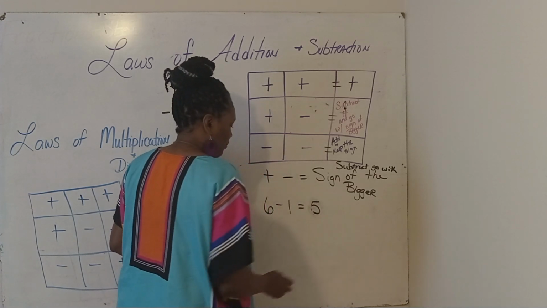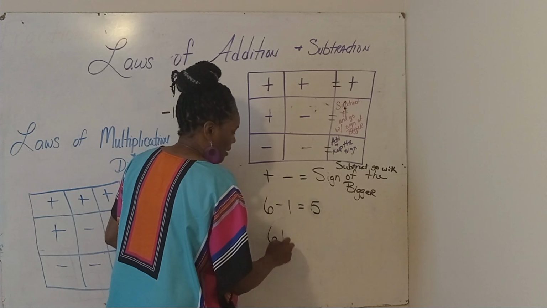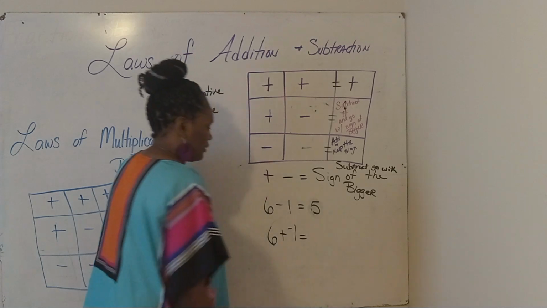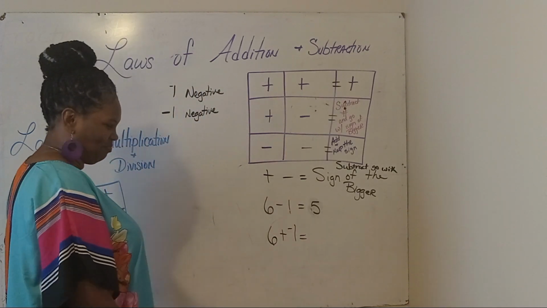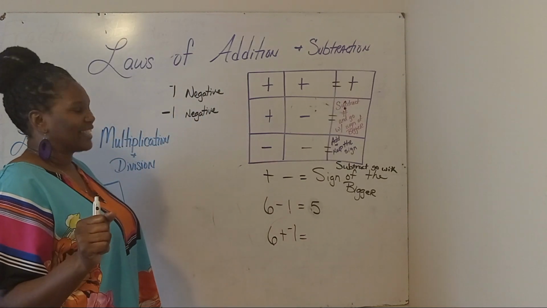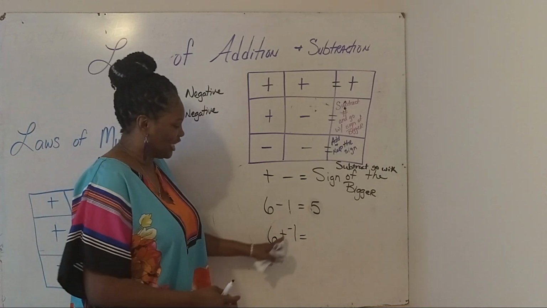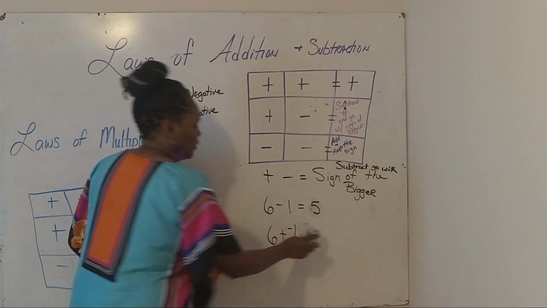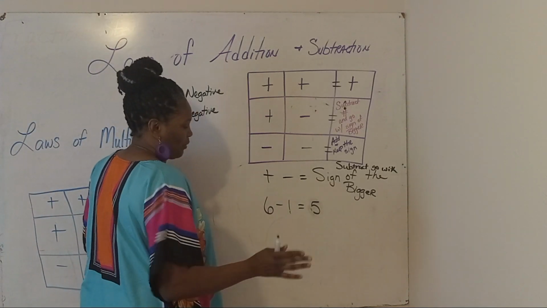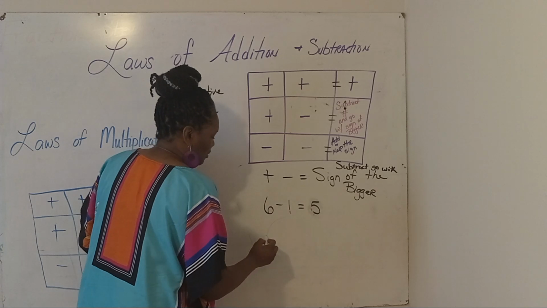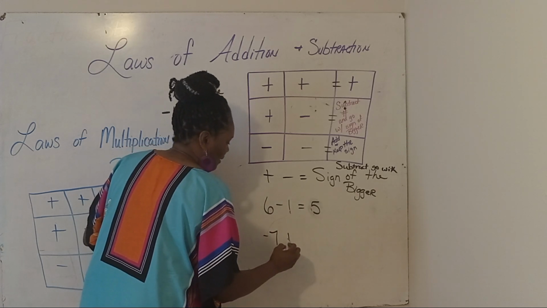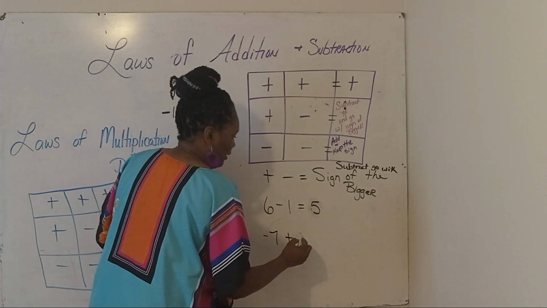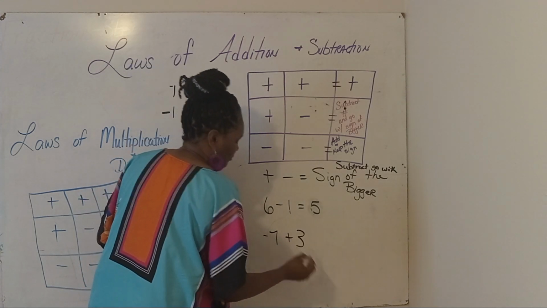Another way this could be written is 6 plus -1 equals. Okay, so these two signs are touching. Actually, that's a rule for the multiplication and division. So we're gonna do something different. We're not gonna use that. So let's do -7 plus 3.